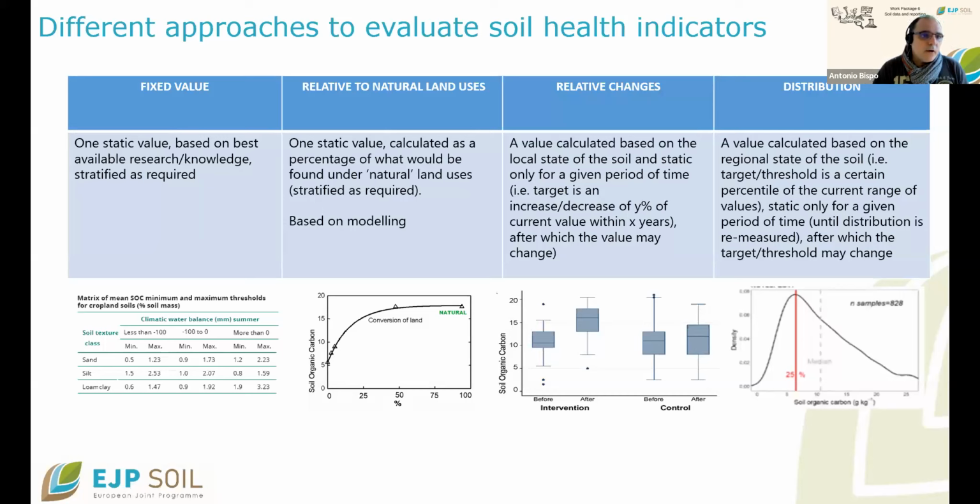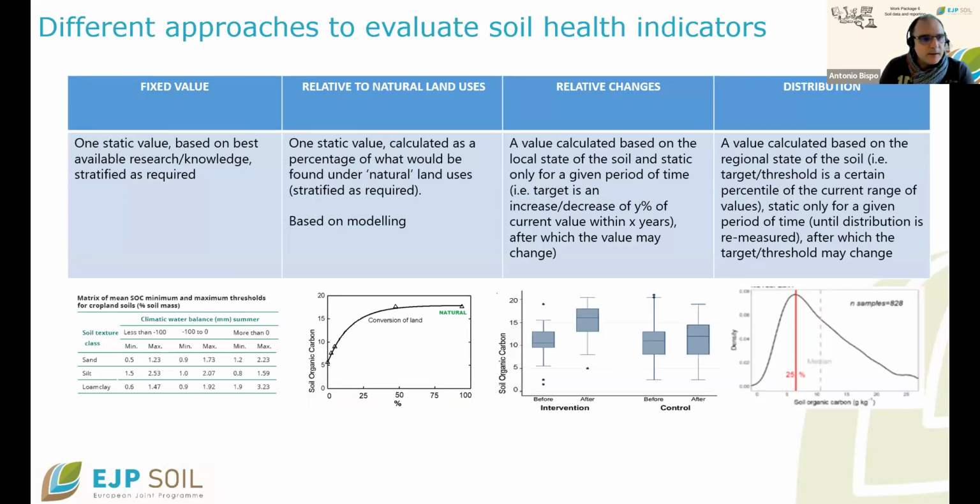The second way of providing threshold or target values is to use modeling and to try to have as an objective a natural situation, a natural land use that could be, for example, a grassland, and then you use a model to predict what could be the situation if you change the land use.